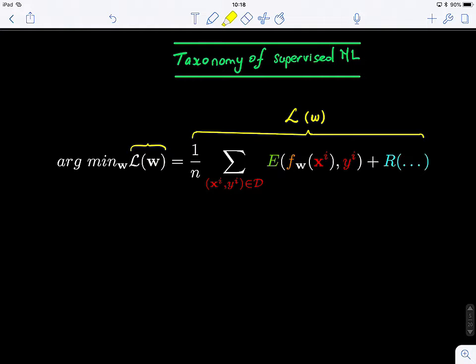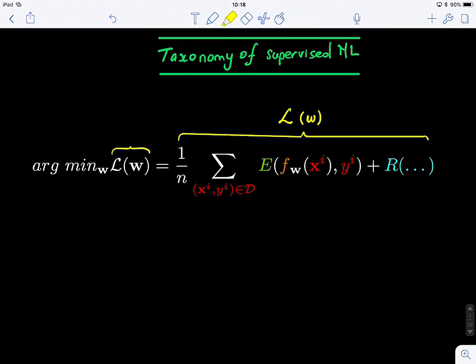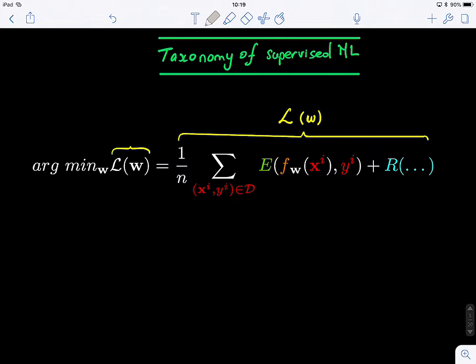What we're going to look at now is supervised learners, and how we generally define the problem that we want to solve in machine learning. The commonest way is to define first a loss function.